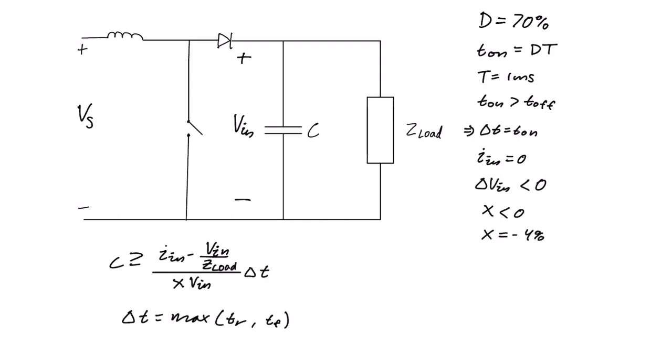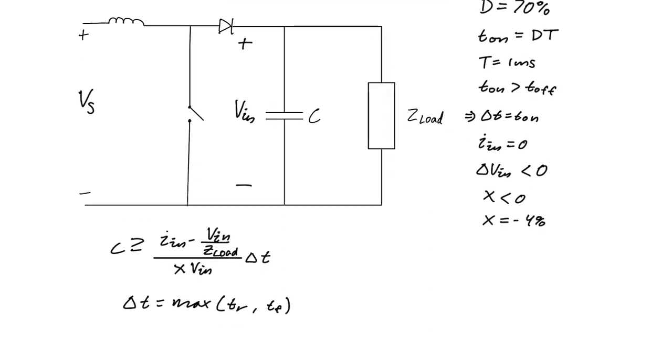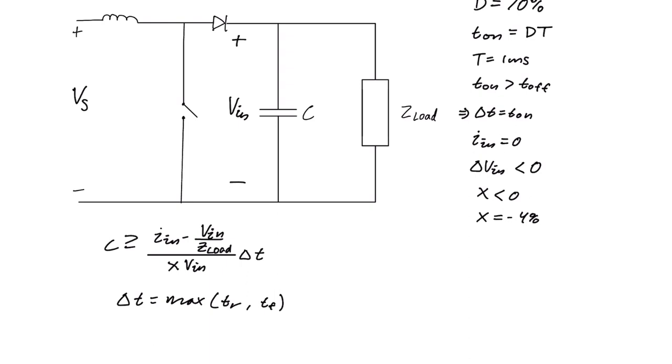Okay? So if we put all of these values into the equation for the capacitance, we will get that C is larger or equal to 0 minus V in over Z load, divided by X multiplied by V in multiplied by delta T. So as you see here, we can cross over V in.